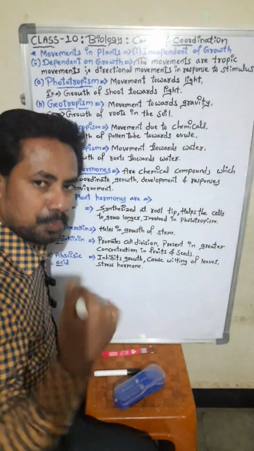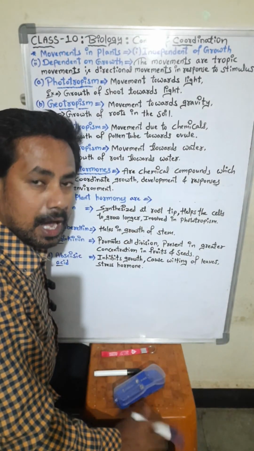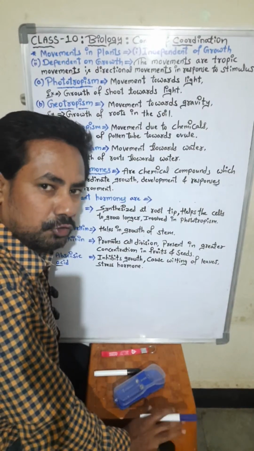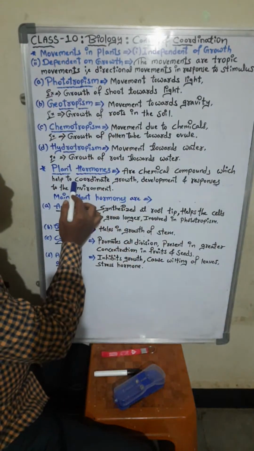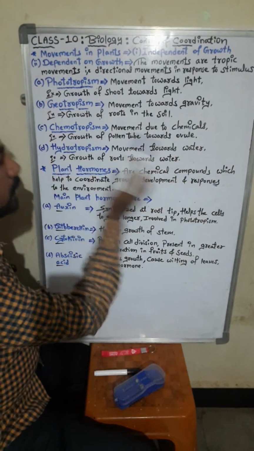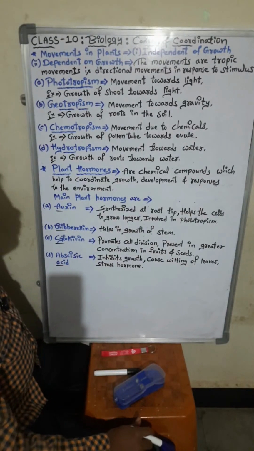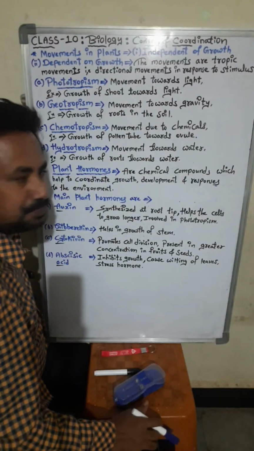Phototropism means positive. Negative phototropism means growth opposite towards the light. For all these, negative will be there: negative geotropism, negative chemotropism, negative hydrotropism. Okay, clear? We are going to study them now. Don't worry, I am going to explain.